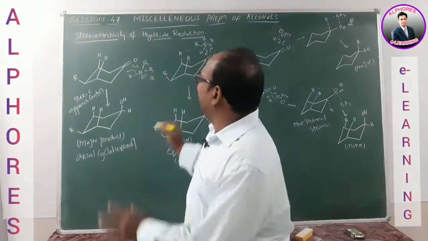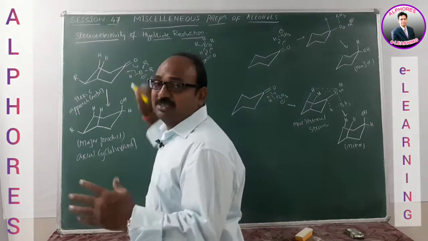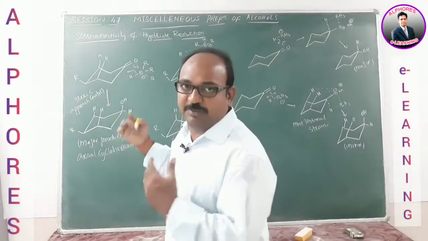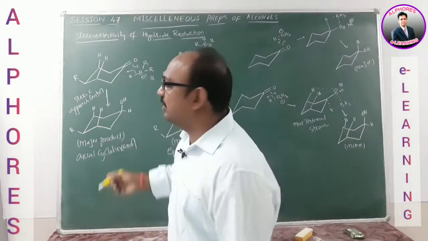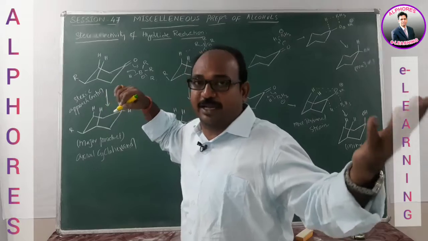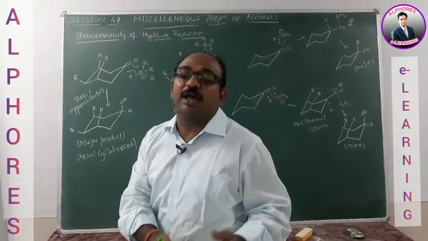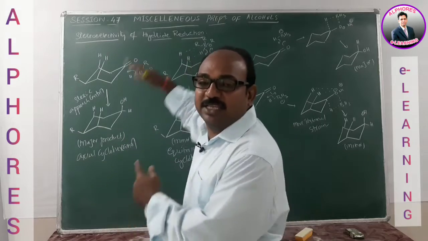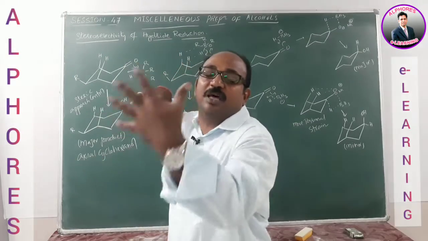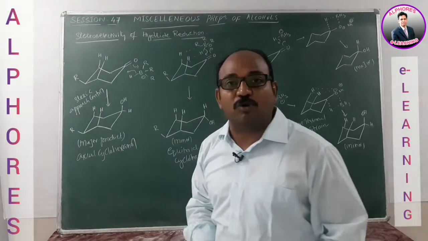It is very clear, out of these two paths, this complex metal hydride prefers to approach in the equatorial direction rather than the axial direction, because in equatorial, hindrance is less, whereas in axial, repulsions are more. Which repulsions are more? Torsional strain repulsions are more.